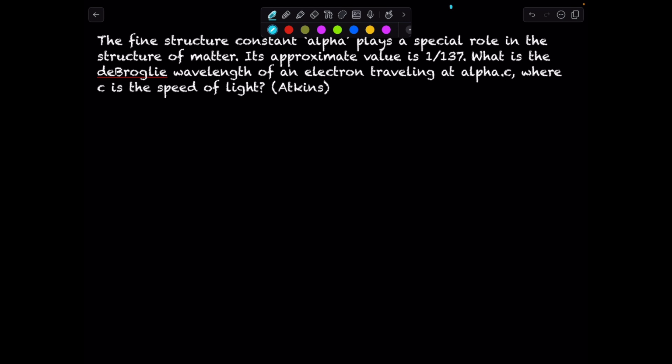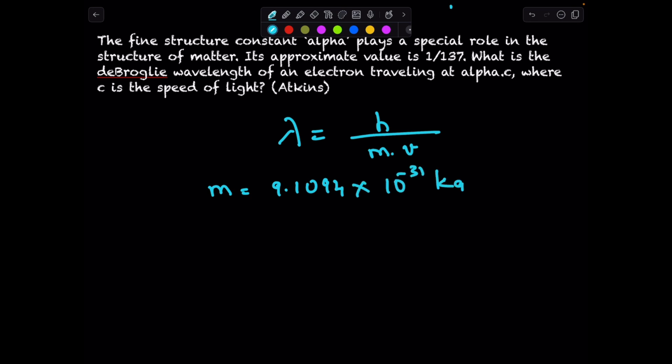We can use the DeBroglie equation, lambda equals h over mv. We know h. Mass of the electron is 9.1094 times 10 to the negative 31 kilogram.